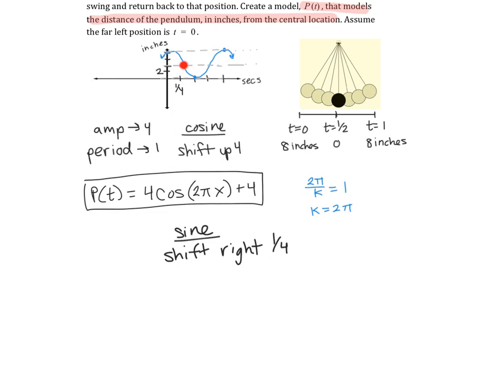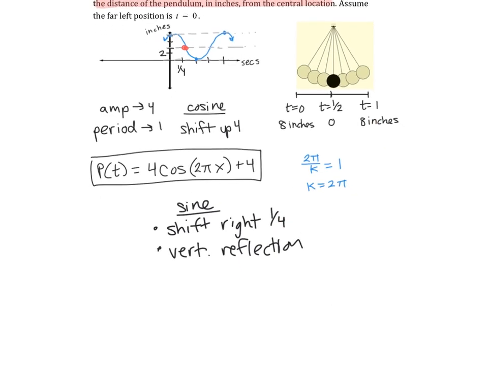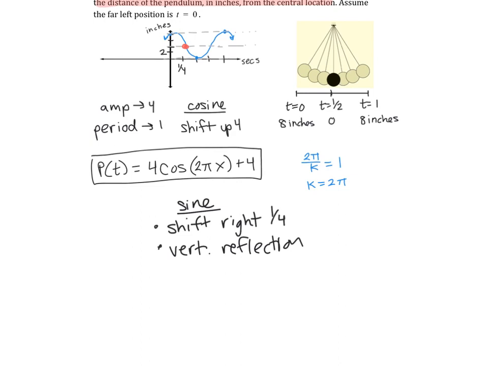And then if we're shifting to the right and we're starting here, you'll notice that our graph goes down instead of up, so we would also have to do a vertical reflection. Alternatively, we could also just shift it more and then not do a vertical reflection. There's really an infinite number of models we can make for this, so it's really up to you. But let's say we decide to start it here, so we shift it to the right 1/4, and then we're going to reflect it vertically so it goes down first. So we can make our function adjusted for that.